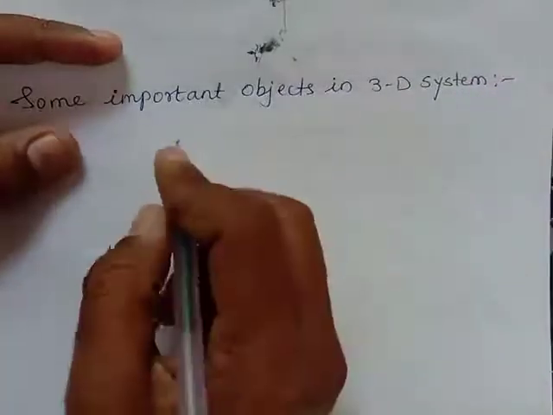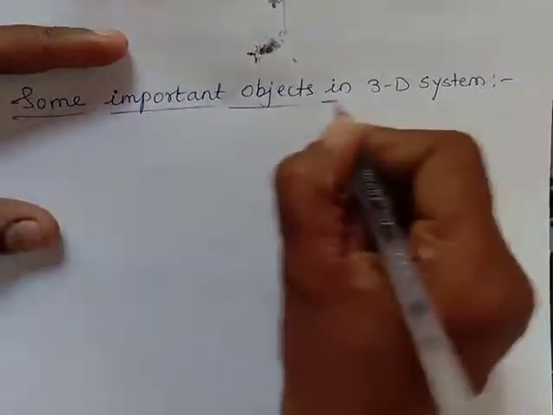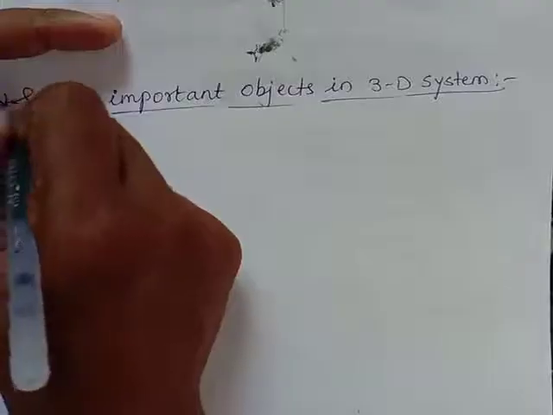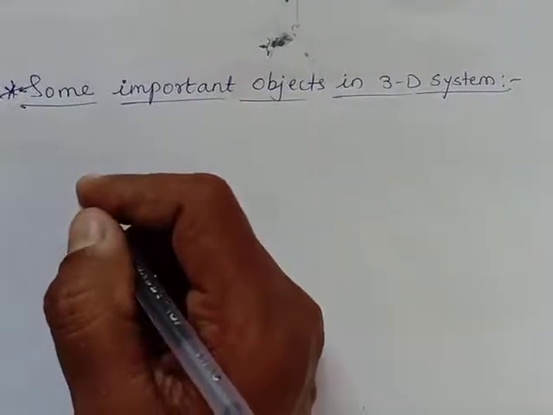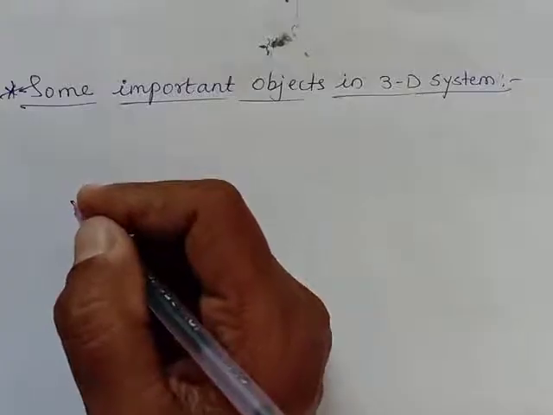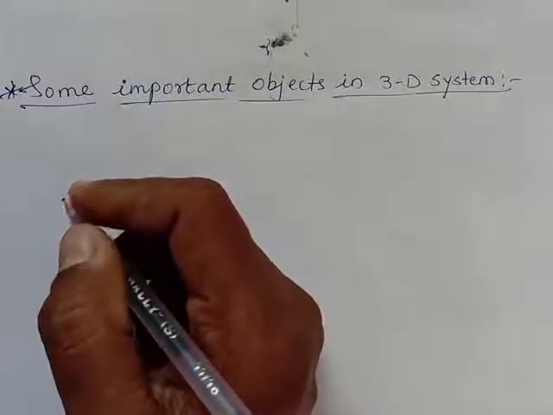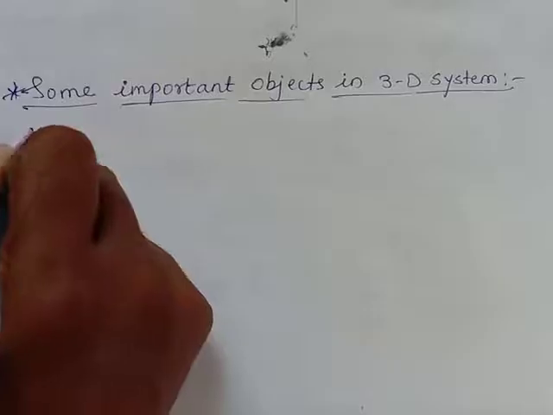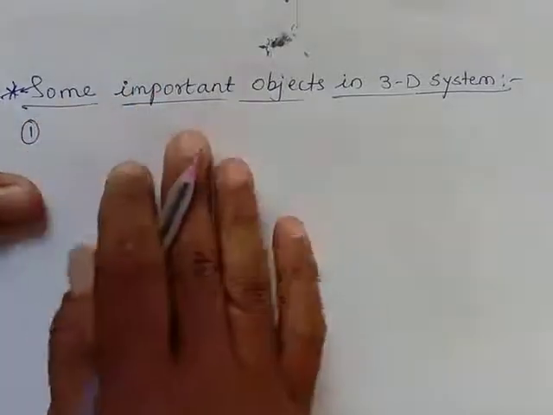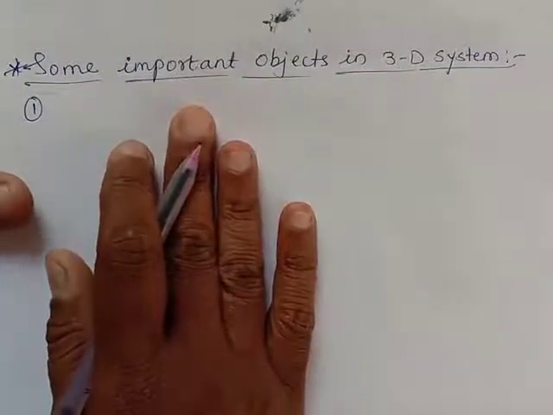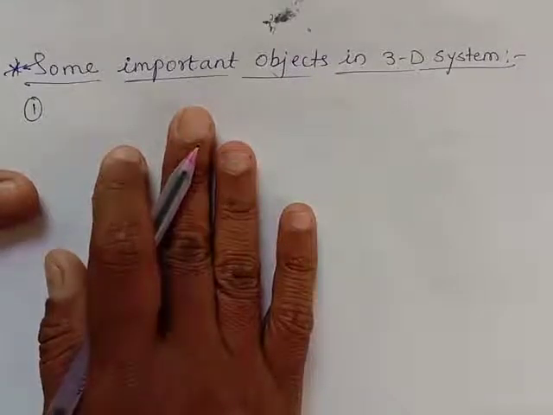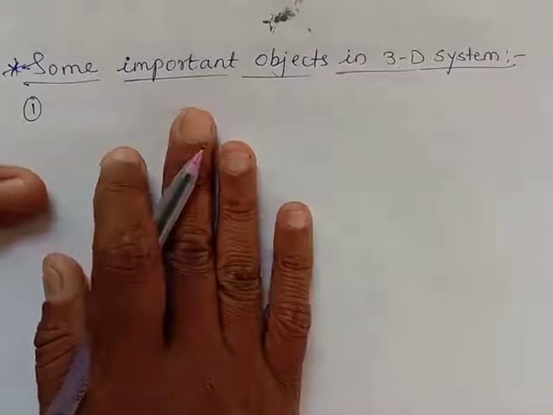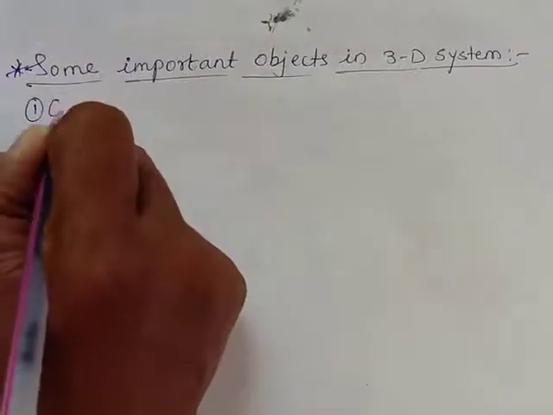Just like in the two-dimensional system, many problems we solved using the standard unit square, right? So here, if the object is not given, sometimes we can perform the operation on these objects, or as per what is said in the question. So according to that we can use them.